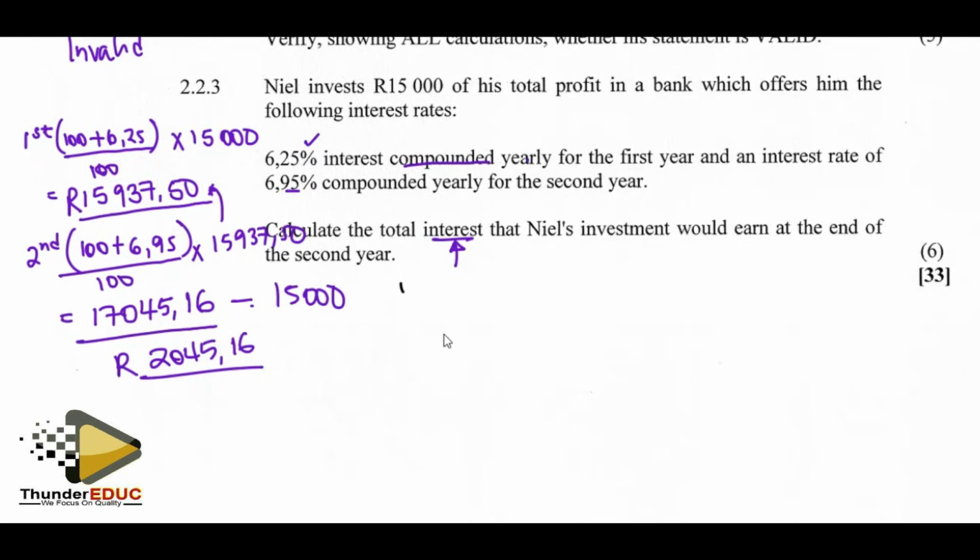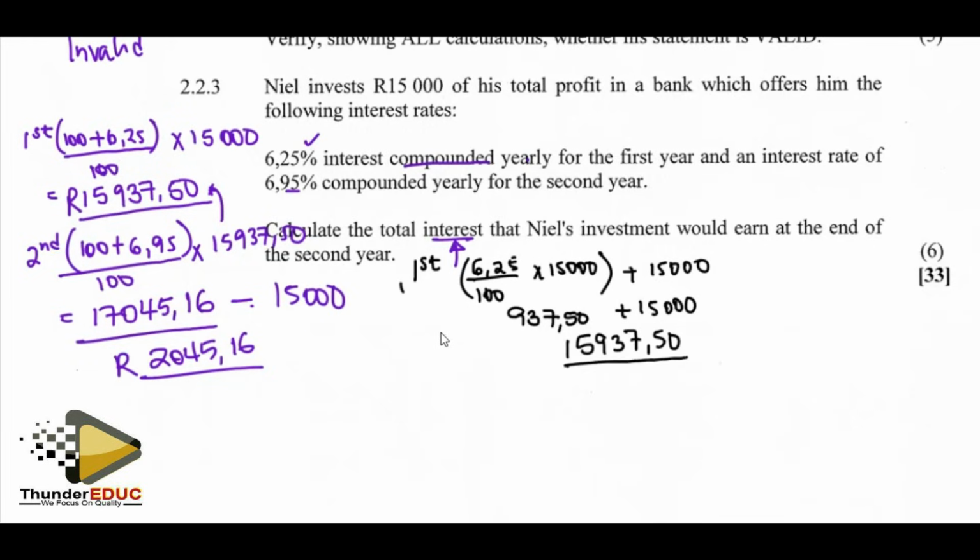Another option would be, you would say, first year, you look for the interest times 15,000 plus 15,000. 6.2, so this is the money at the end of the first year.